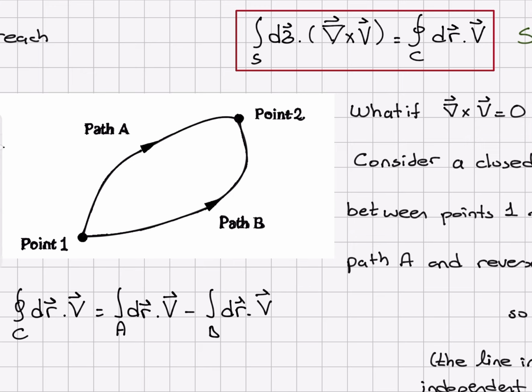According to Stokes theorem, that is equal to the surface integral d sigma dot product with the curl of the vector field V.